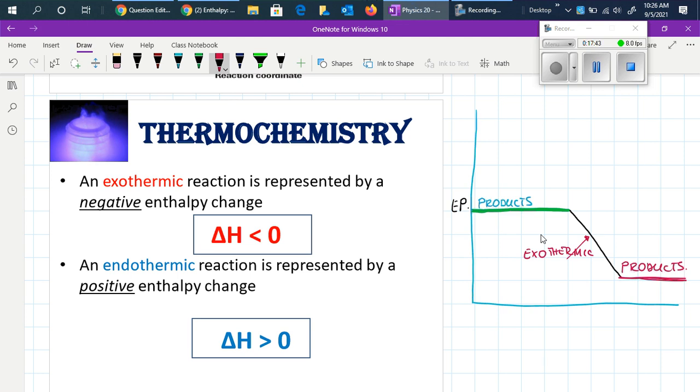So the chemical system, as a result of the reaction to the products, is releasing the energy to the surrounding. What is happening as a result of this is that the temperature, the kinetic energy of the surrounding, is increased.